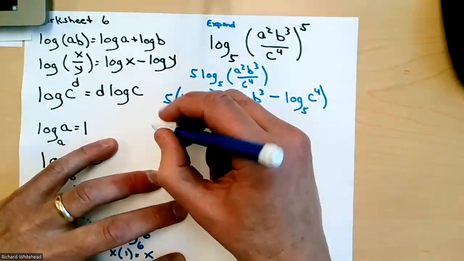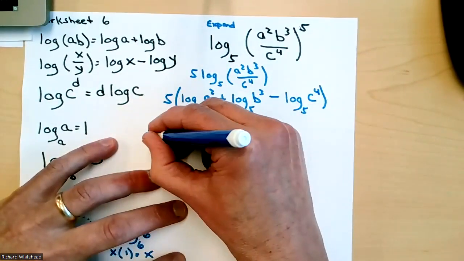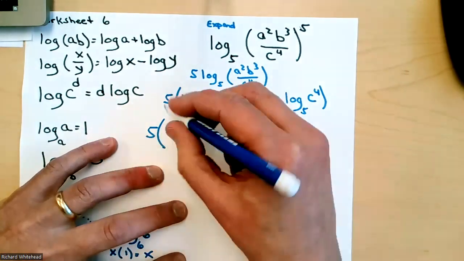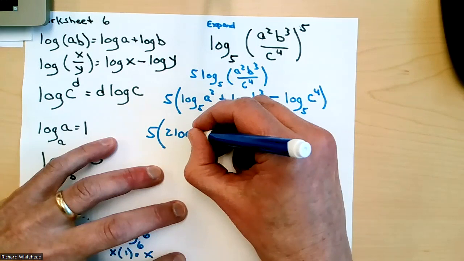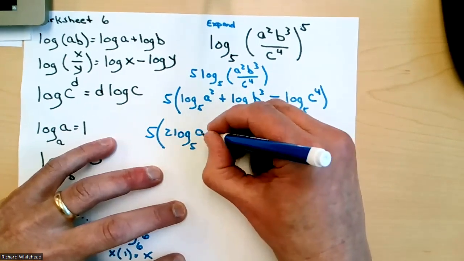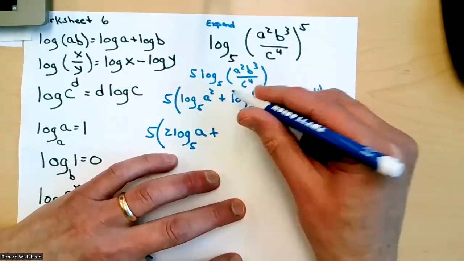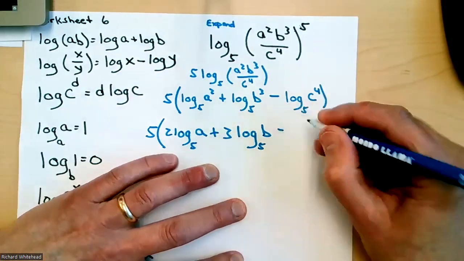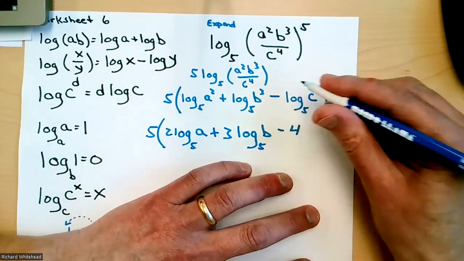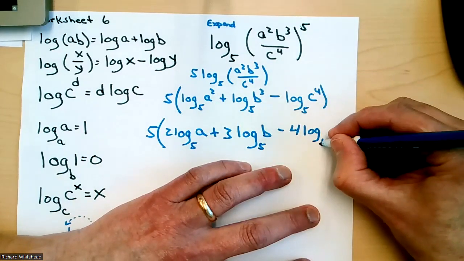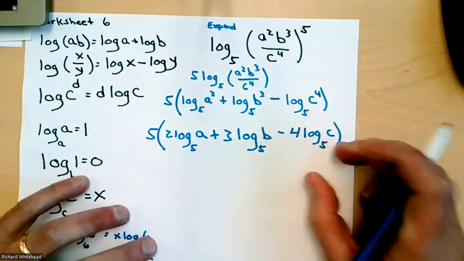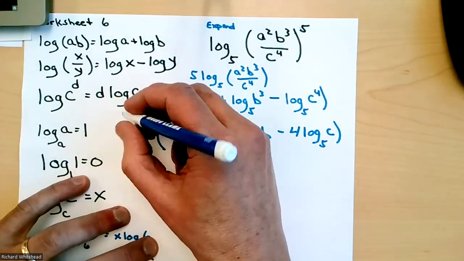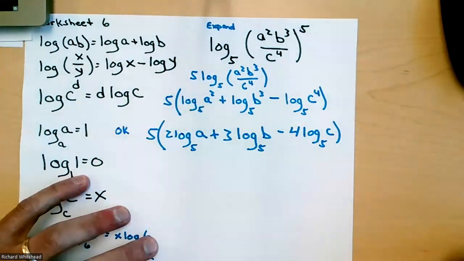Okay, now we've got to clean this up a little bit more. See that 2 on that exponent on the a, that can go to the front of the log. That 3 can go to the front. And the 4 can go to the front right there. Once you get to here, I would accept that as an acceptable answer.